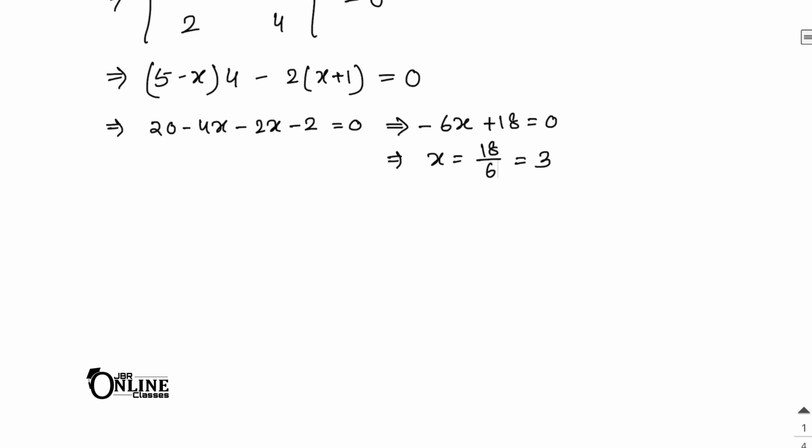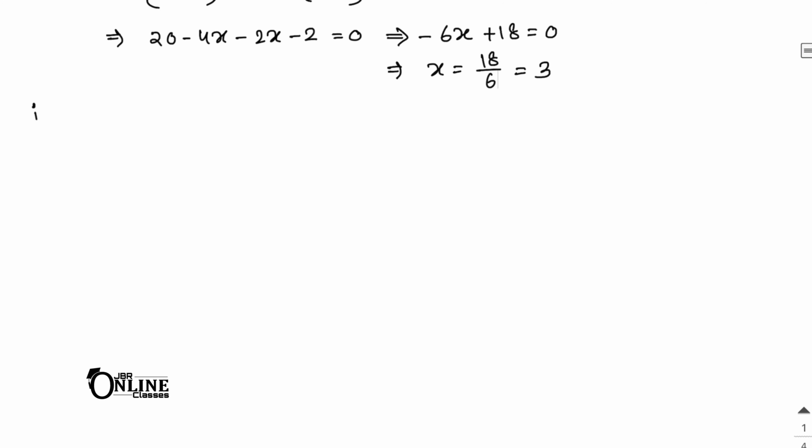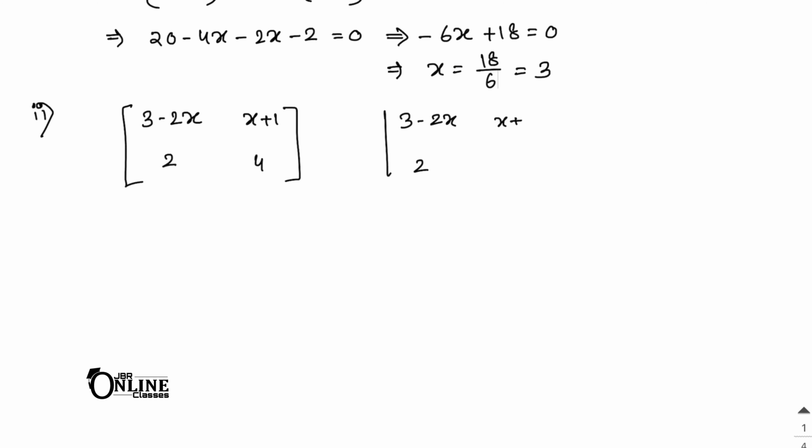Now next one, sum number 1 2. In sum number 1 2, for what value of x is the following matrix singular? So first you have to write down the matrix, that is 3 minus 2x, 2, x plus 1, 4. And that one is singular. That means you know that the det of this matrix will be 0.